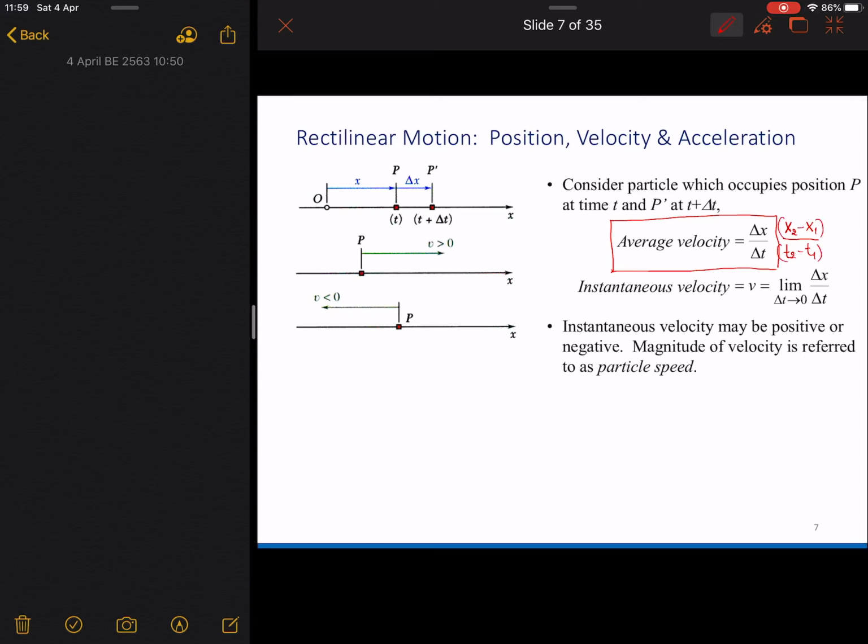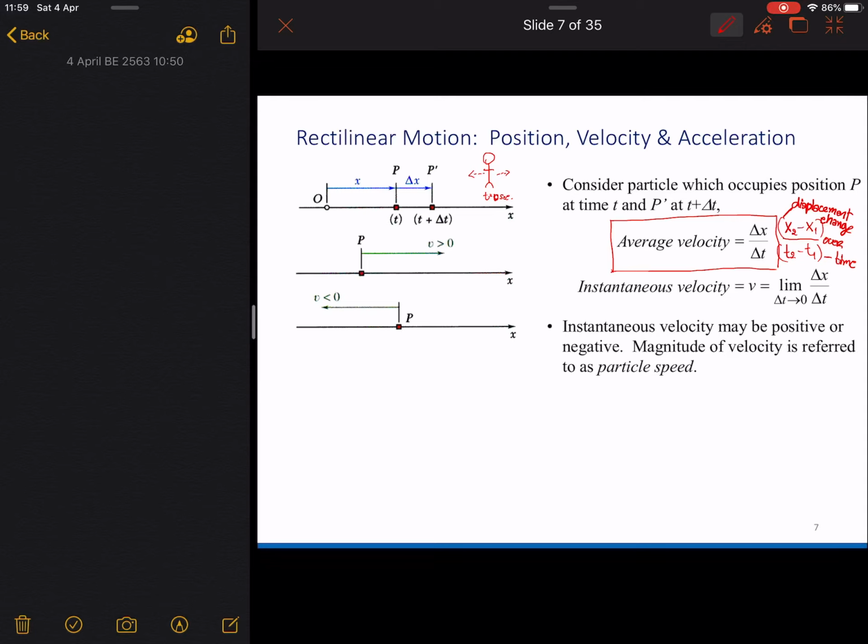This means the displacement change over time. So when you stand here at t equal to 0 seconds, are you going forward or backward in the next seconds?